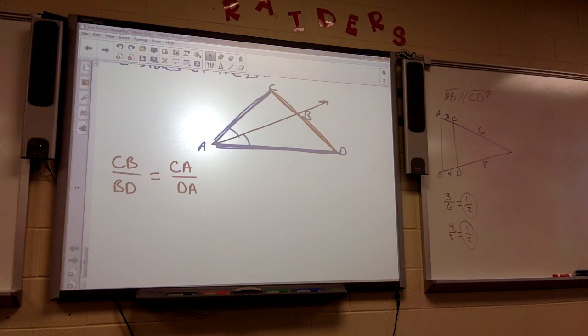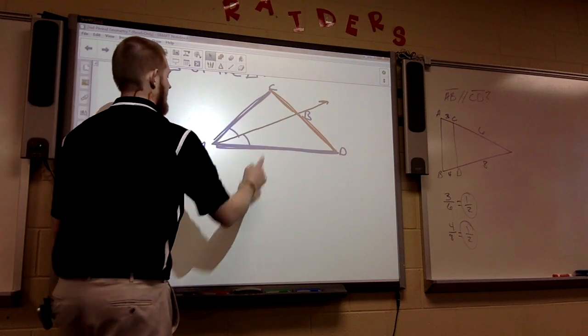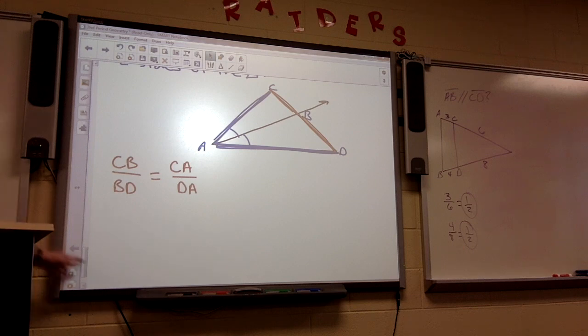Again, other ways to set this up. Yes, Kate, what's another way to set this up? Good, we could do CB over AC equals BD over AD. Questions on either of those two theorems? Alright, let's take a look at a couple examples.